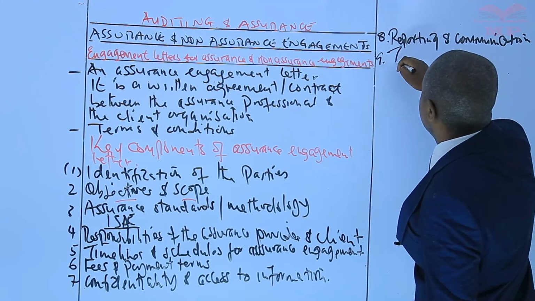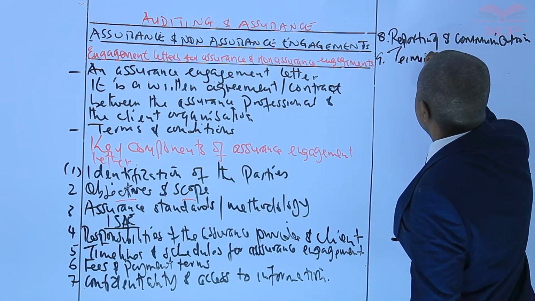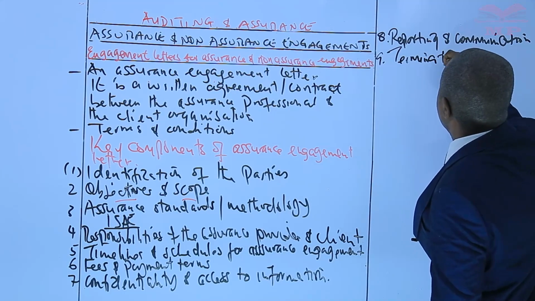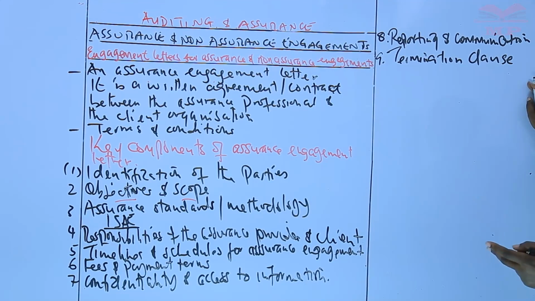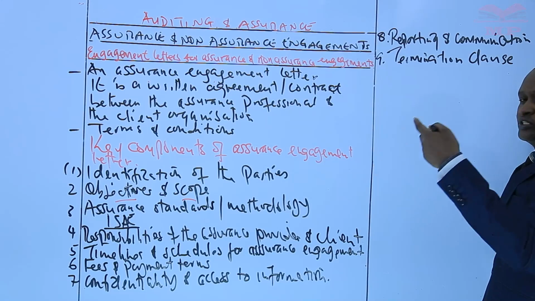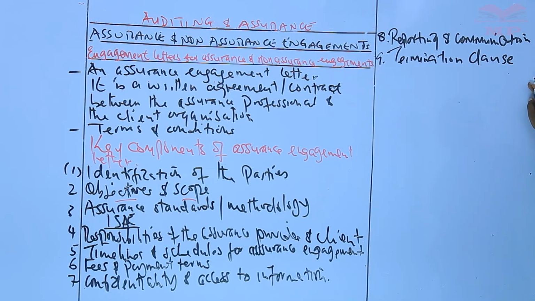Number 9, termination clause. This clause specifies the conditions under which either party can terminate the assurance engagement, including reasons for termination and any notice periods required.